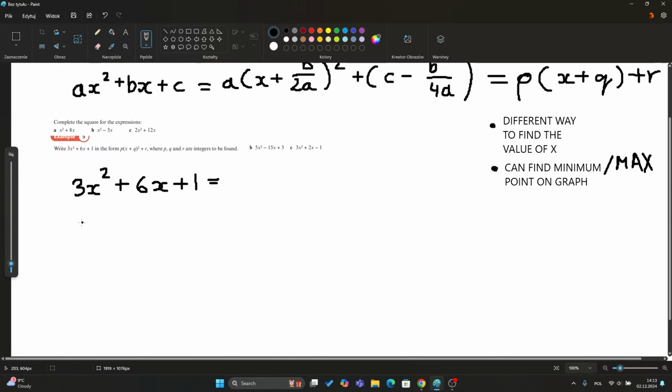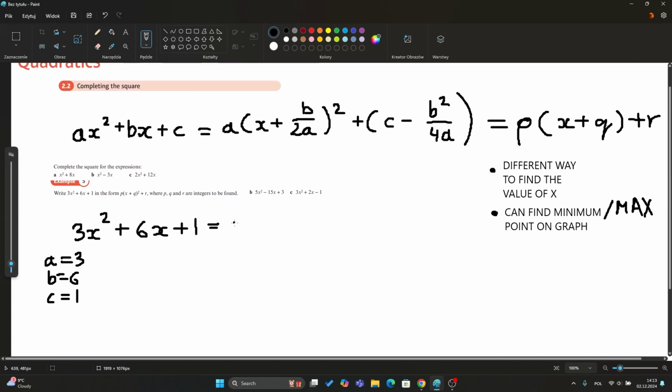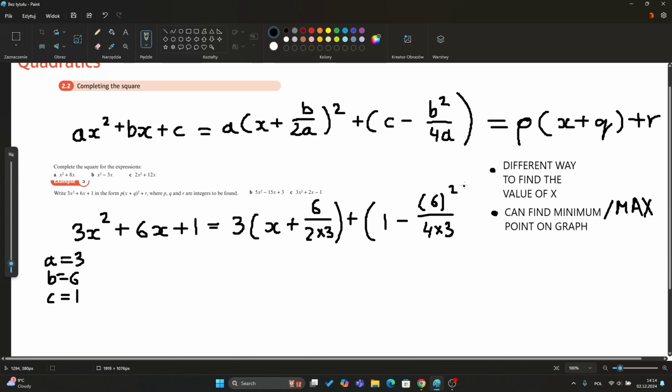So that is a is 3, b is 6, and c is 1. Therefore we can do 3 here, x plus b over 2a, plus the value of c minus b squared, which is 6 squared, over 4 times a, which is 3.